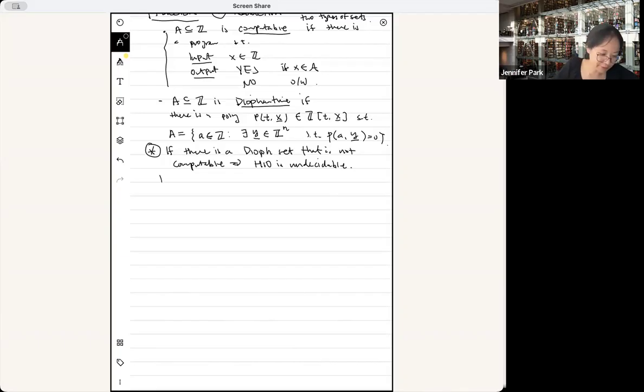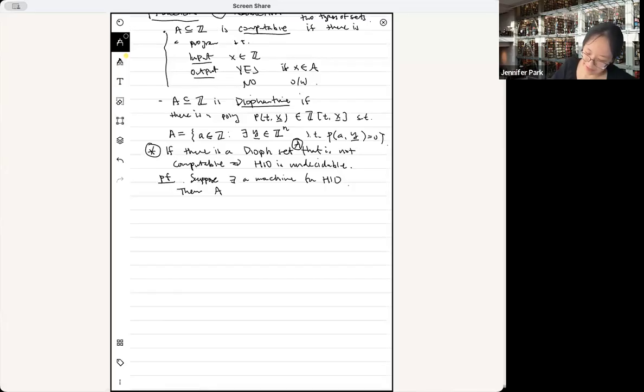Okay, and here's the quick proof. Suppose again for a contradiction that there was a computer program that will tell me Hilbert's 10th. Suppose there was a machine for H10, a program such that if I input a polynomial, then it'll say yes or no. Then suppose that there is a Diophantine set A that is not computable.